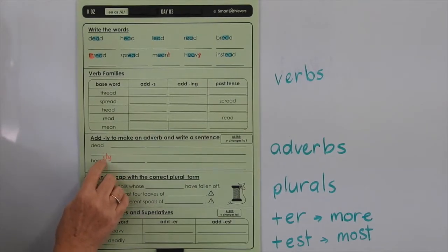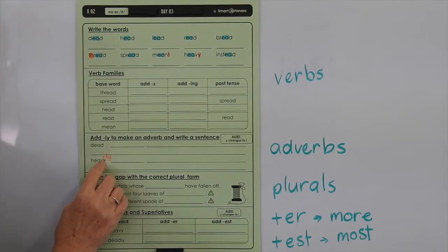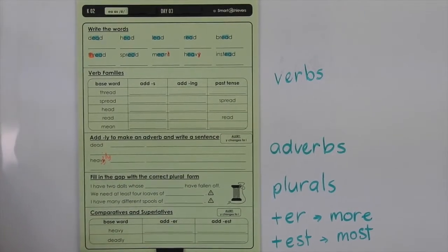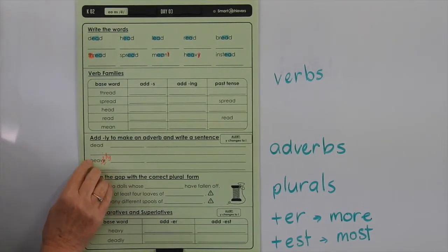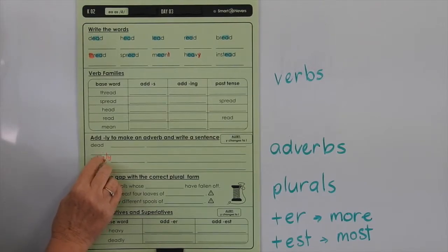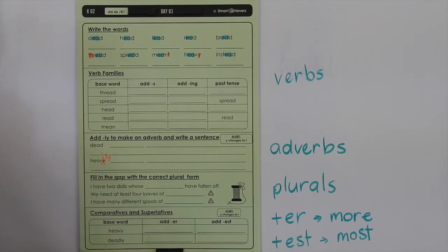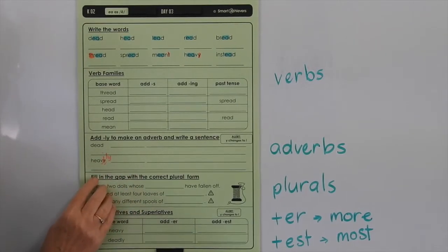So we change that Y over. We can't leave the Y in there because we know in English words, wherever possible, we don't want a Y in the middle of a word, so we can change it here to an I. So we're going to do that. So it would be heavily. So you do a sentence something like, he fell heavily to the ground, something like that.